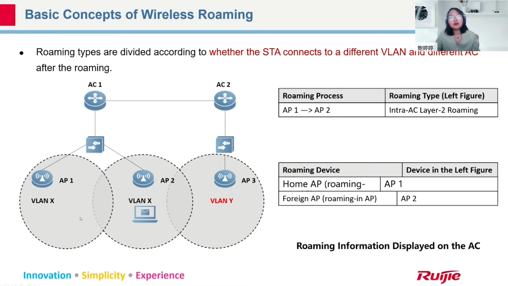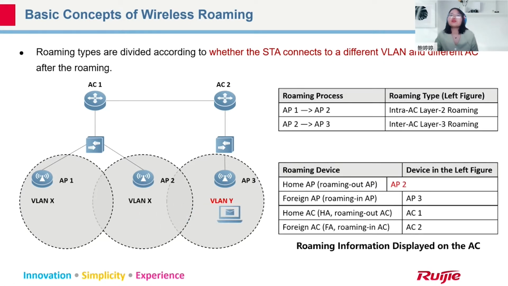Because when you go from AP1 to AP2, you connect with a new AP, which is AP2, and leave AP1. So the home AP we also call roaming out, and the foreign AP we call roaming in AP. In this process, the signal is disconnected and reconnected with AP2.